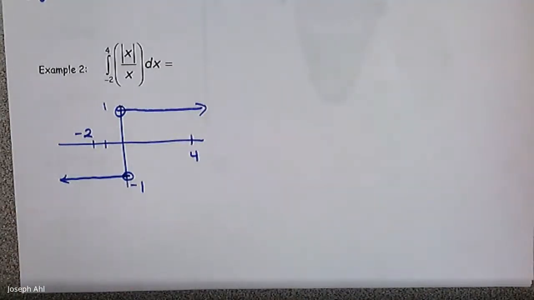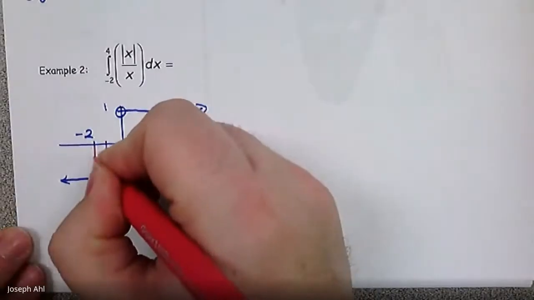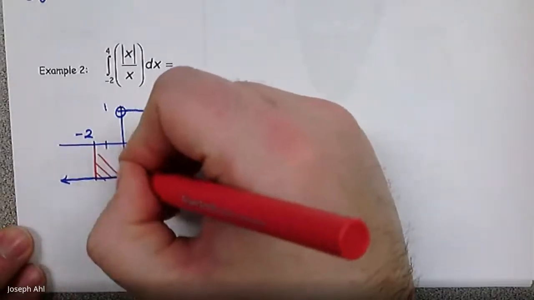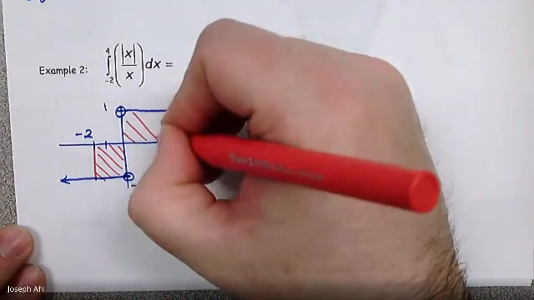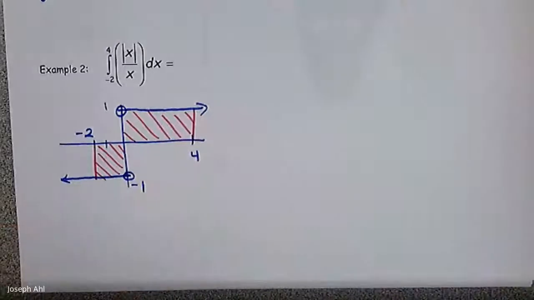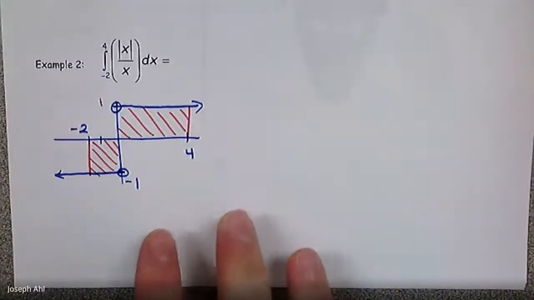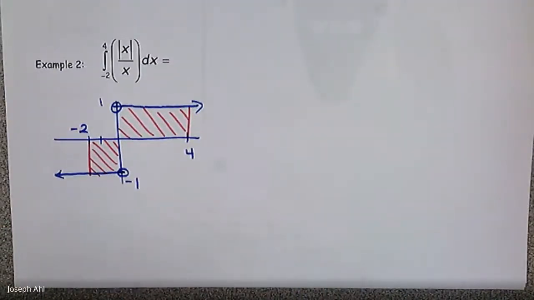So the area that I'm trying to determine here is the area from -2 to 0 plus the area from 0 to 4. So in order to evaluate this integral, we're just going to go ahead and separate this into those two pieces.